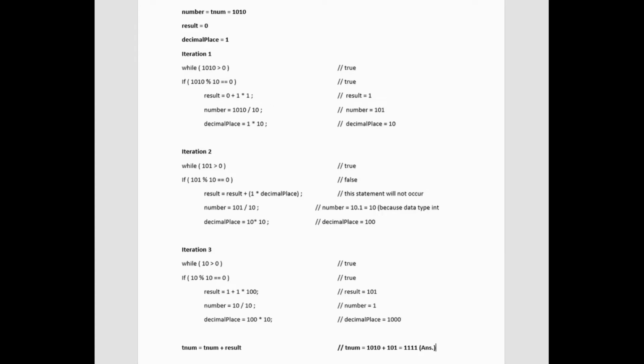So it has to replace that 0 with 1. So we add tnum equals tnum plus result, that is 1010 plus result, that is 101, and it gives 1111, and this is your result.